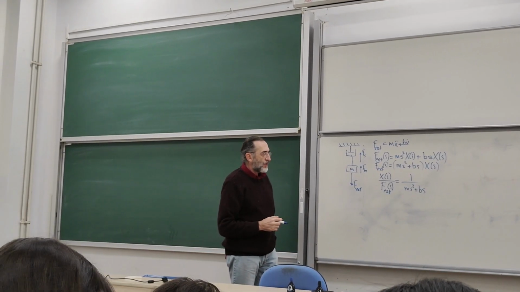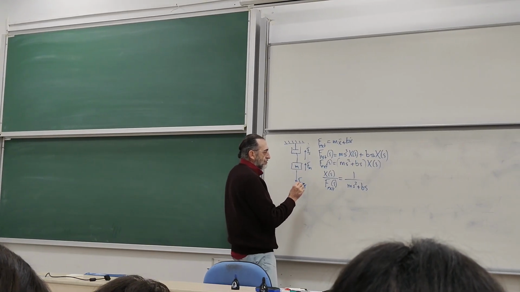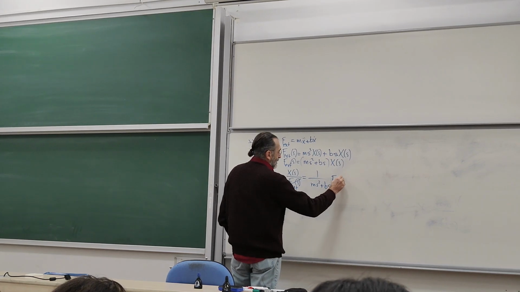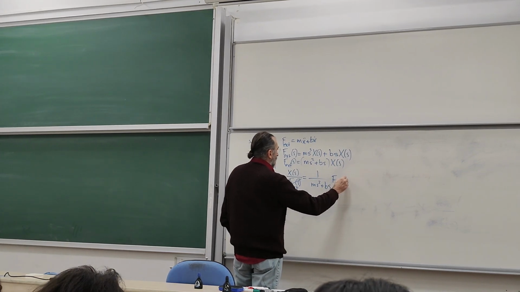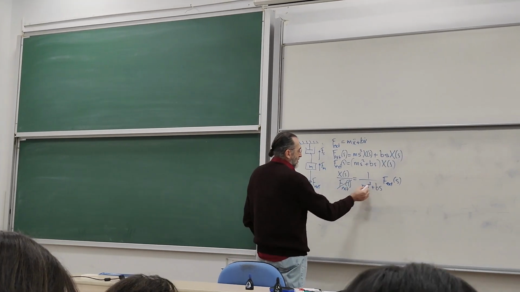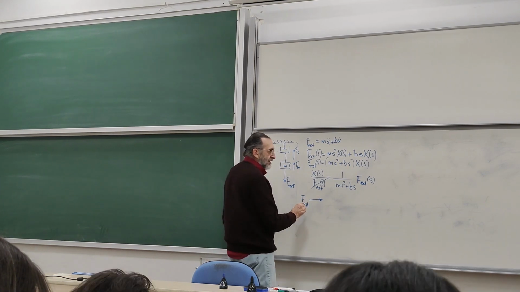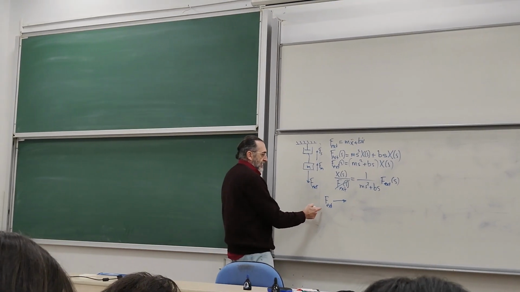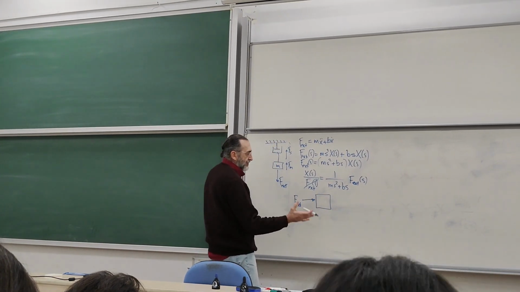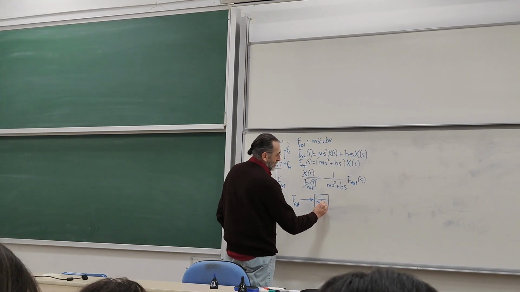Okay? So I can express this as, taking this on the other side, F external of s. So what we basically have is I'm forcing the system or exciting the system, excitation force, giving energy to the system, and the system is a second order system.